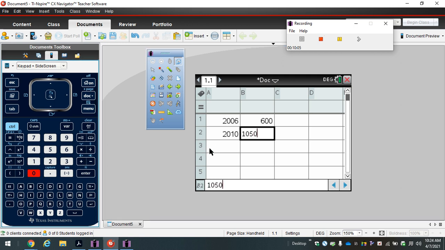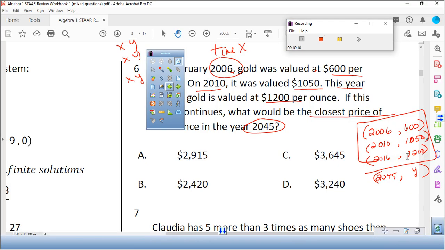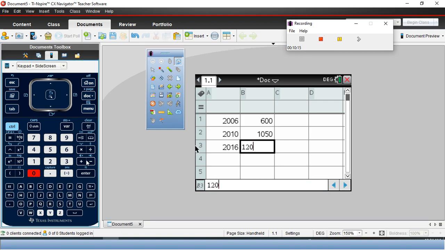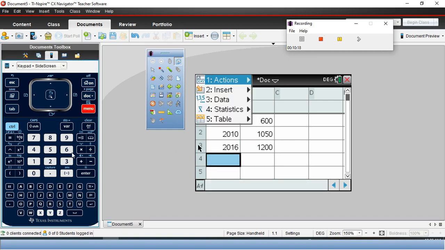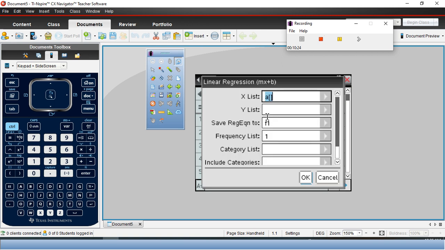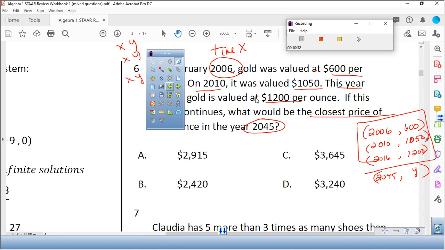Remember the next year, 2016. Let me see the numbers. 1,200. Okay, I'm going to remind you. 4, 1, 3. I'll put a B here. Control here. Enter. Now, the reason I did this is because it says here.